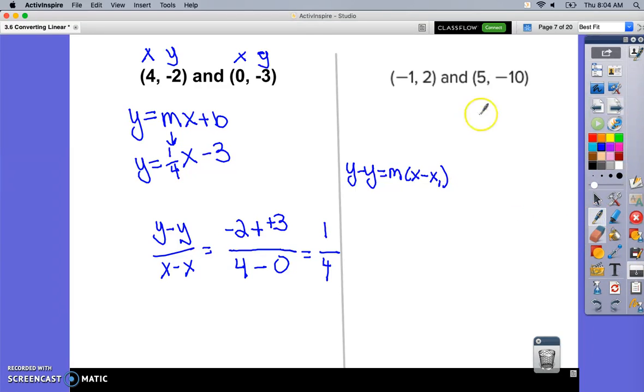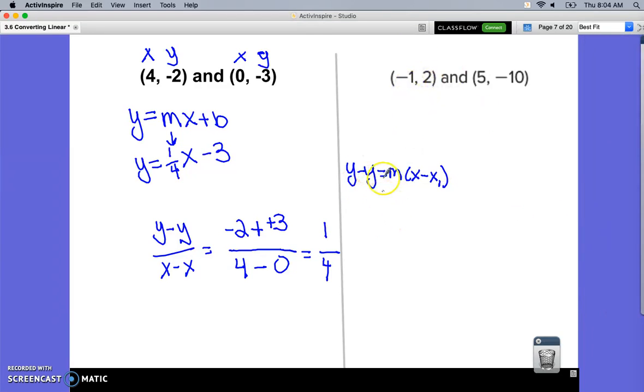All right. So here I can put in either one of my 2 points, but I still need my m, so I'm going to do again y minus y over x minus x. So I would do 2 minus a negative 10. So these are my y's. And these are my x's.